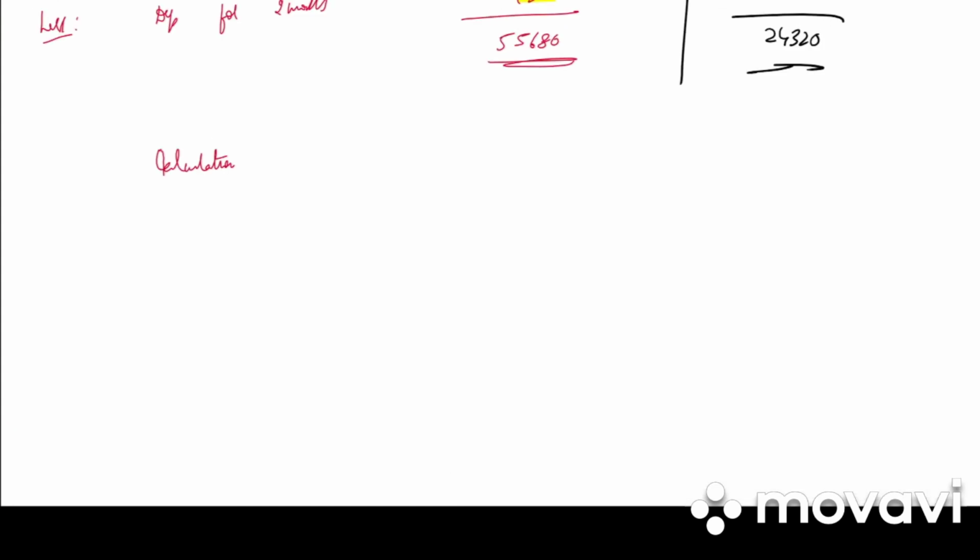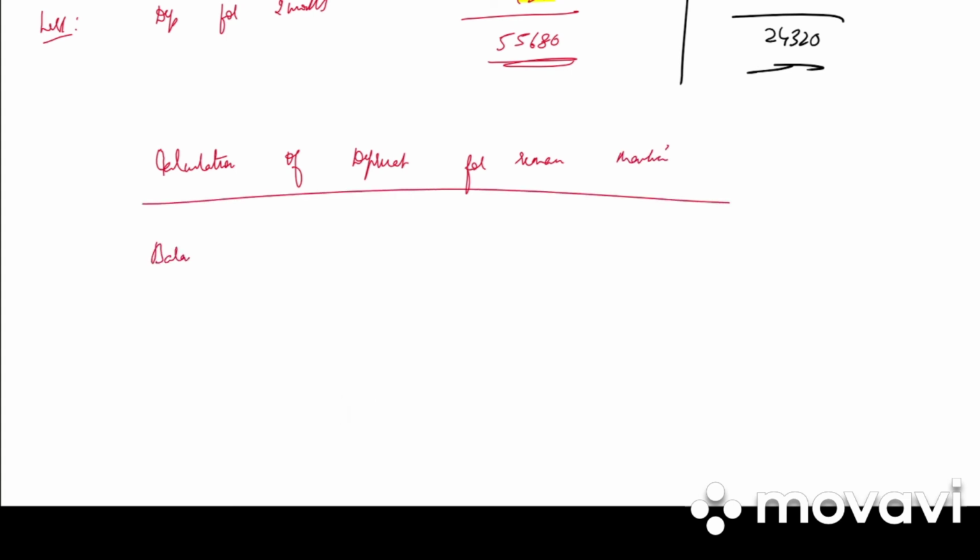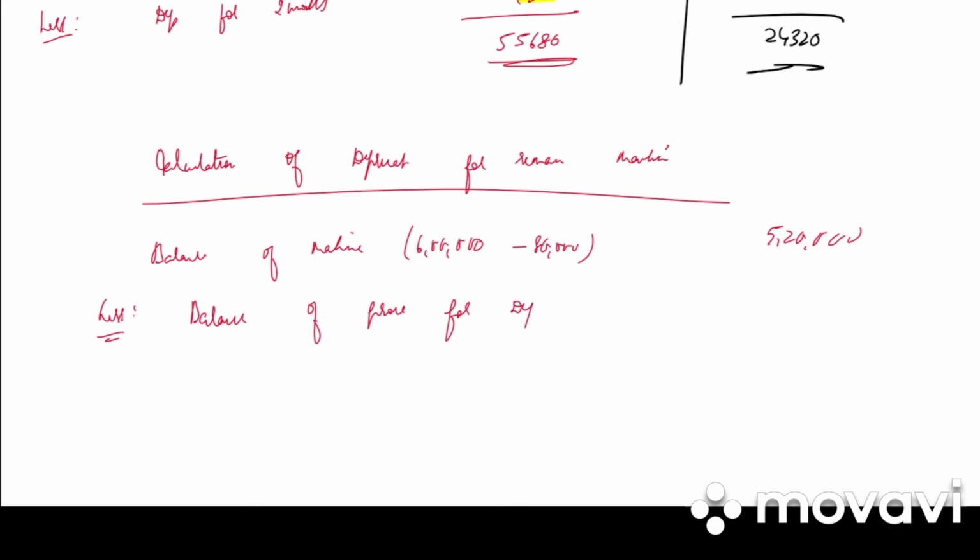2013. So calculation of depreciation for remaining machinery. So balance of machinery, it is how much? 6 lakh minus 80,000, 5 lakh 20,000 less balance of provision for depreciation.